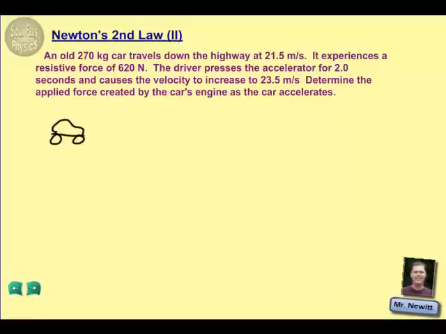The resistive force on the car itself is 620 newtons. So if the resistive force is 620 newtons and the car is not accelerating, then we know that the car itself is applying a force that is equal to that.